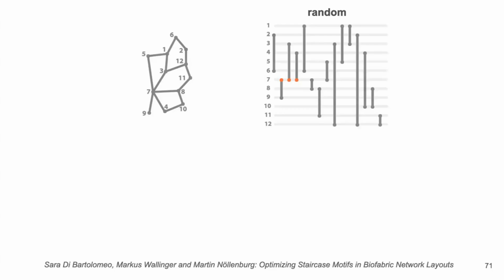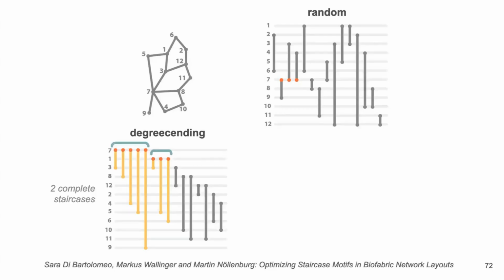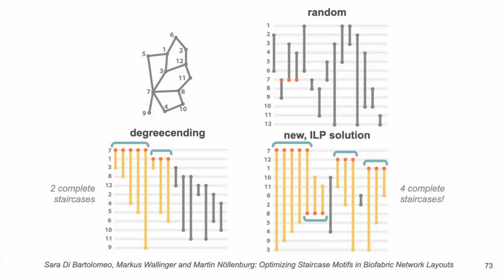I did not stop there. So here you see the same network as before, the random layout. Degrescending in this instance shows you two complete staircases. But then I went on and was trying to figure out which one is the perfect layout, the best layout I could obtain.